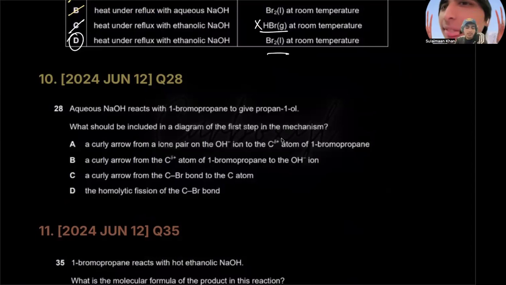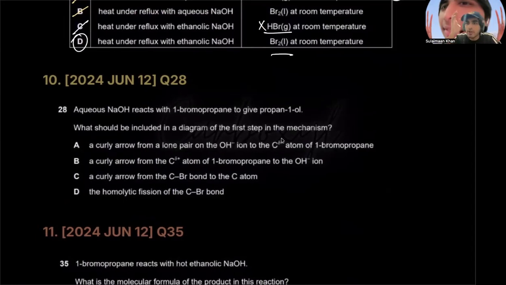Aqueous NaOH reacts with 1-bromopropane to give propanol. See, this is how you need to think about it. I'll tell you how my brain works. 1-bromopropane, I don't even look at the compound. I say, okay, this is a haloalkane. This is how my brain works, and this is how it should work for you. This will make your life easy. Propanol, alcohol.